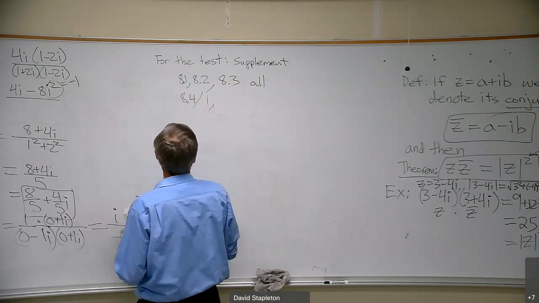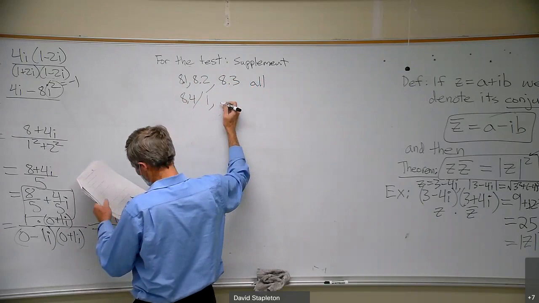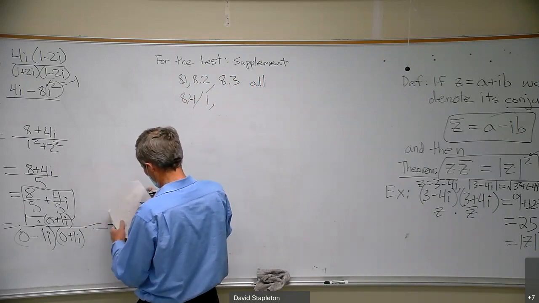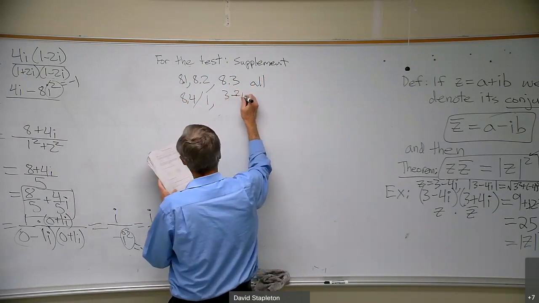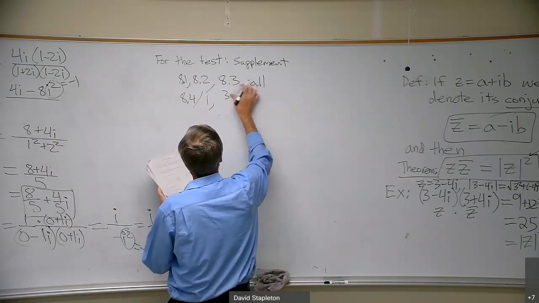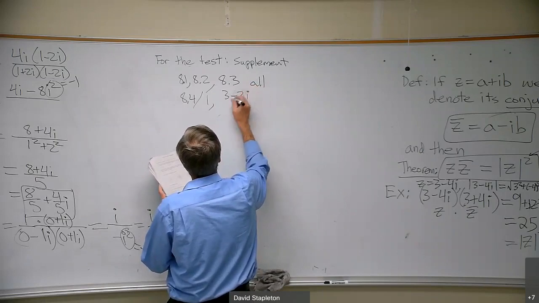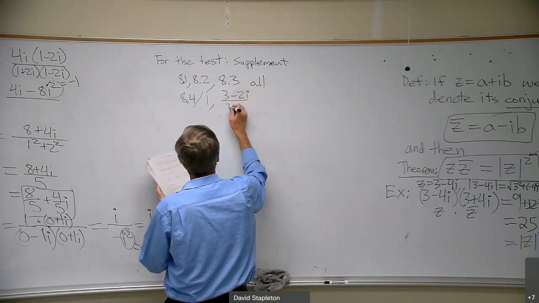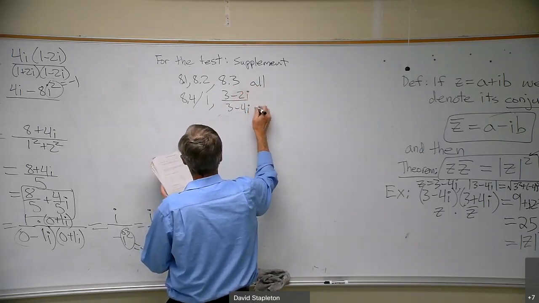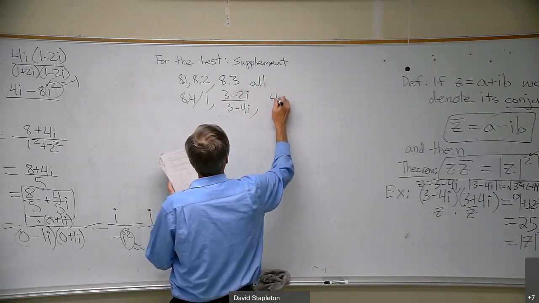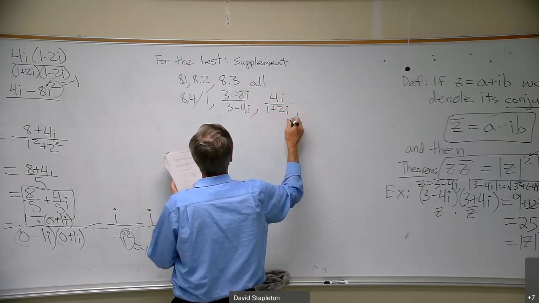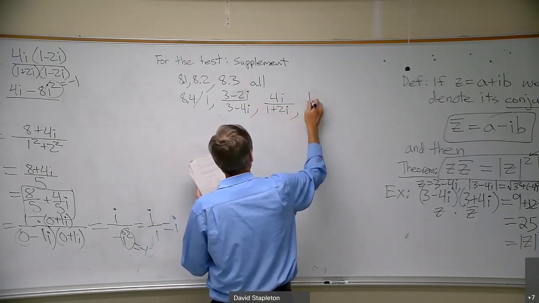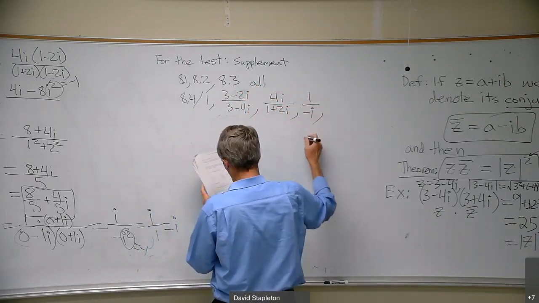And let's do these divisions, some of which I already wrote for you. 3 minus 2i divided by 3 minus 4i. 4i divided by 1 plus 2i. 1 divided by negative i, what we just did.